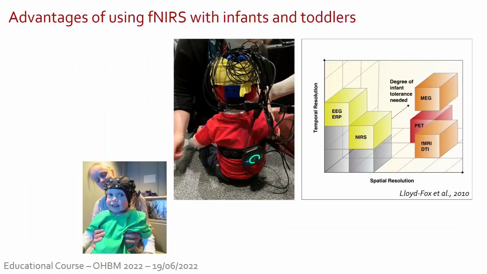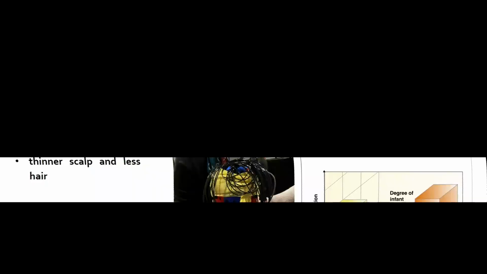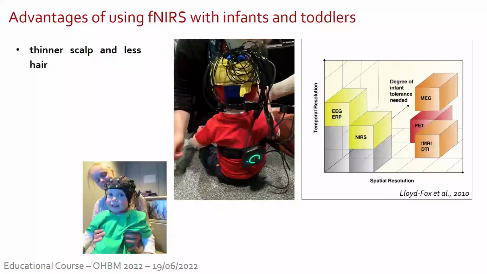And I just want to spend 1 second to talk about why I think fNIRS is particularly good to be used with infants and toddlers, because this is what I do in my everyday life, and I can really speak about how good this method is to image the developing brain. So infants and toddlers have a particularly thin scalp and less hair. And of course, this allows the light to efficiently reach the cortex.